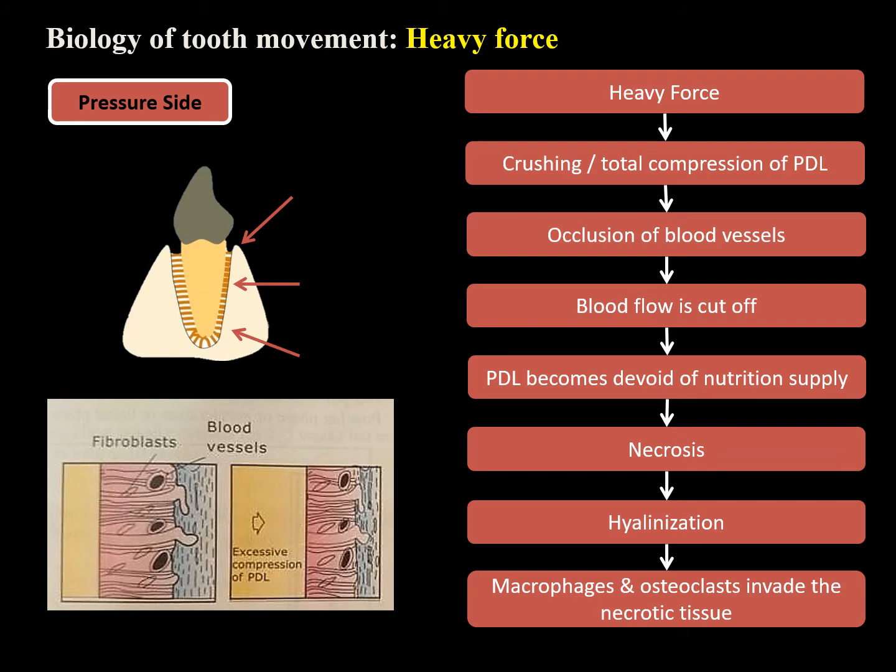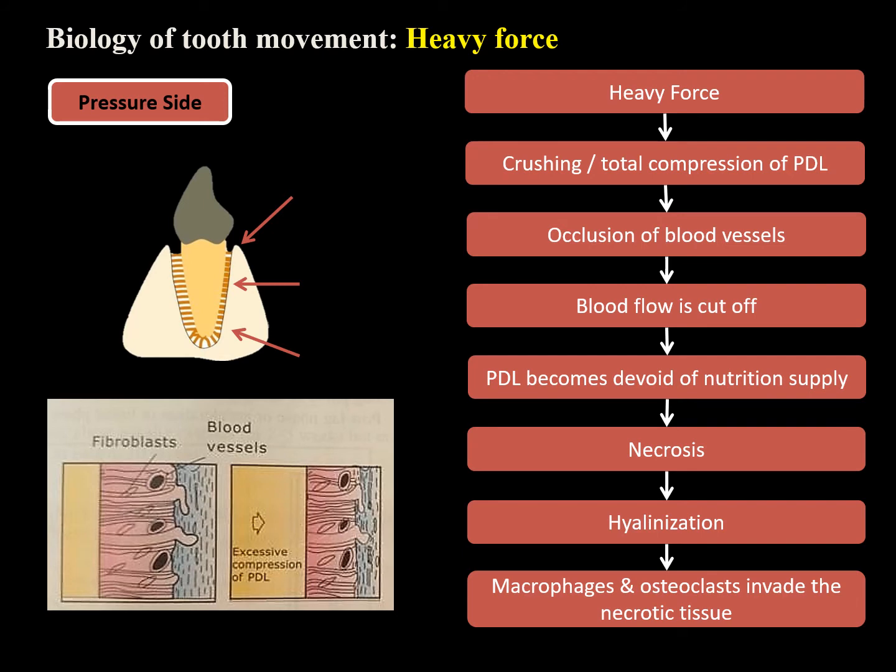So what happens on the pressure side? So there's heavy force. So the heavy force again causes crushing or total compression of the periodontal ligament fibers, occlusion of blood vessels. The blood flow is cut off, that is ischemia. So the PDL becomes devoid of nutrition supply, results in necrosis.